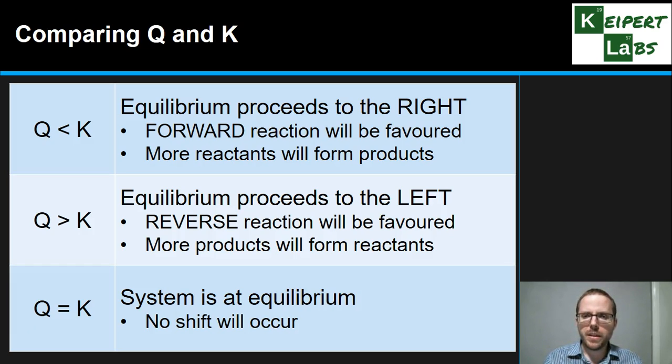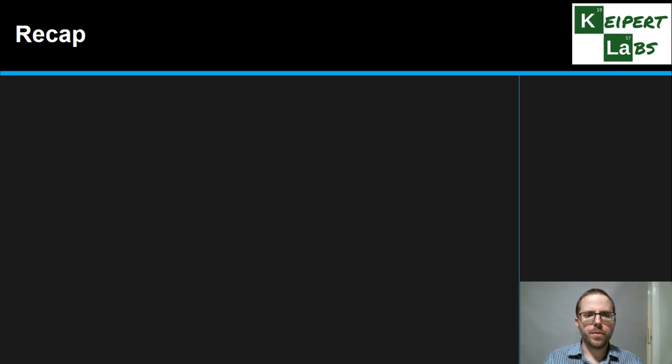So if Q is less than K, we're going to turn reactants into products. If Q is greater than K, we're going to do the reverse reaction. If they are equal, there's going to be no further change. We make those calculations of Q and then compare with K to help us decide which is which.